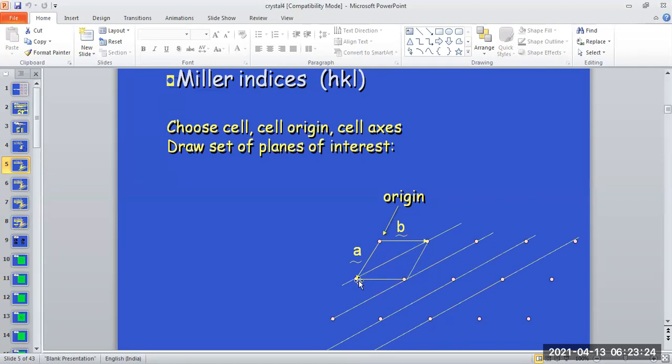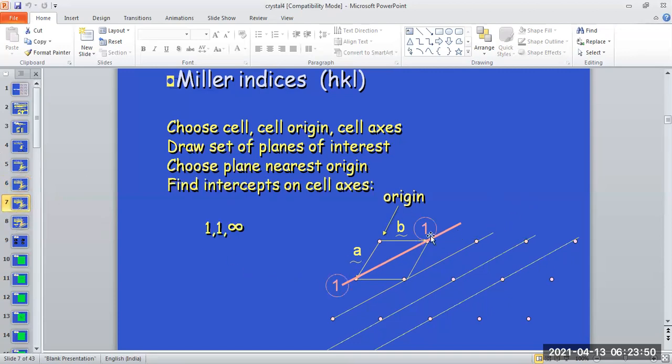Then we locate an origin, and then we can draw a set of planes. So, choosing the cell origin and the axes, now we can draw first a set of planes nearest the origin. I just told you that we have designated this as the origin, and like that you can draw a set of planes.